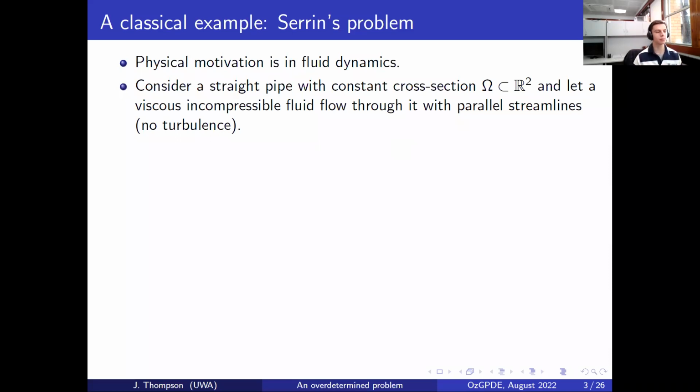Just for simplicity, omega is in R2 because the pipe is in 3 dimensions. Then we suppose that we have a viscous incompressible fluid that's flowing through the pipe. We also assume that its streamlines stay parallel, so there's no turbulence. So we're in a really nice situation.